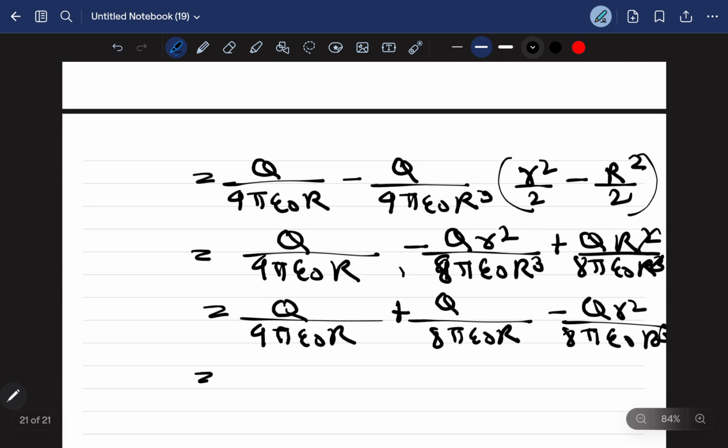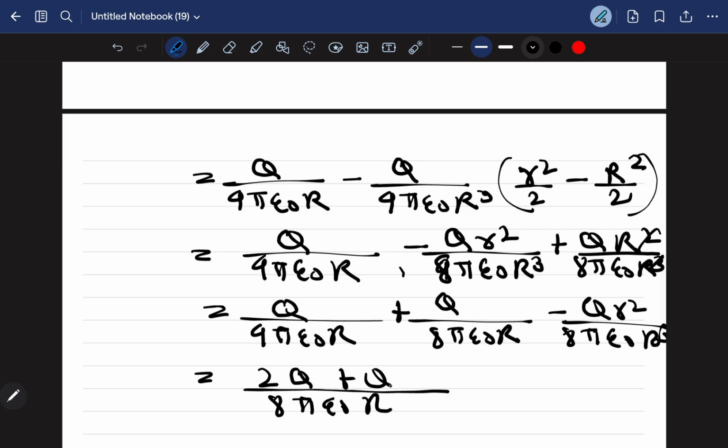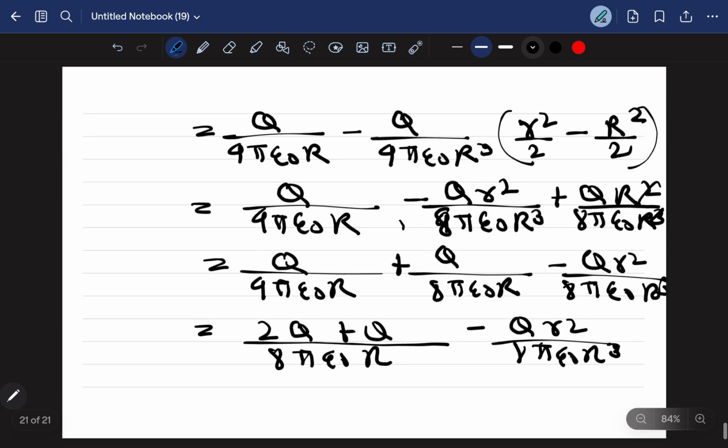Now we can just add, it will be over 8 pi epsilon naught R, 2q plus q minus q r square by 8 pi epsilon naught into R cube.